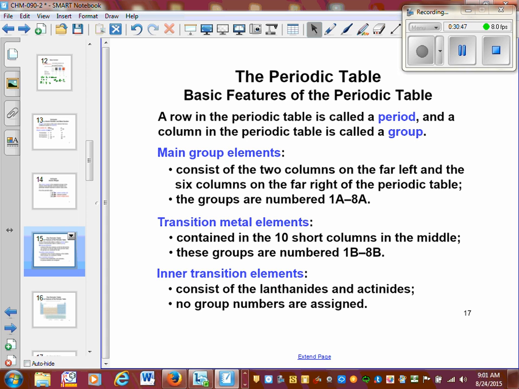A couple reasons why they move those to the bottom. One, because if they put them in, it tends to make the periodic table too wide to fit on a piece of paper. So just for aesthetics' sake, they took them out. And later on, when we get into electron configuration, you find that by having them down there, it makes the table a lot easier to read. It gives you more information.